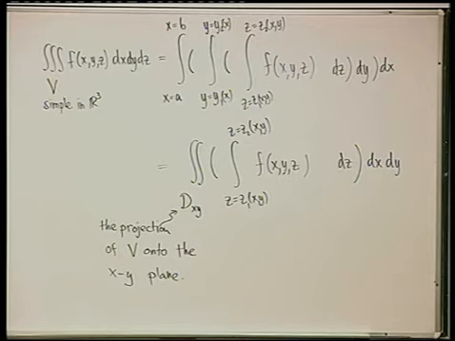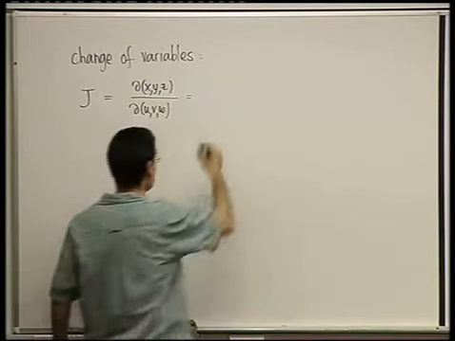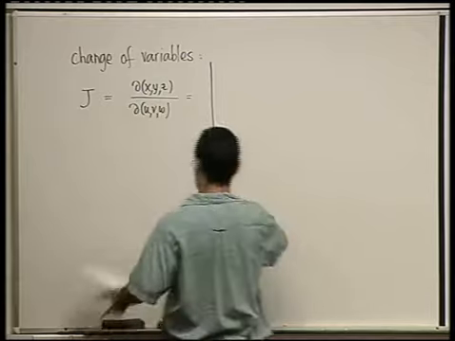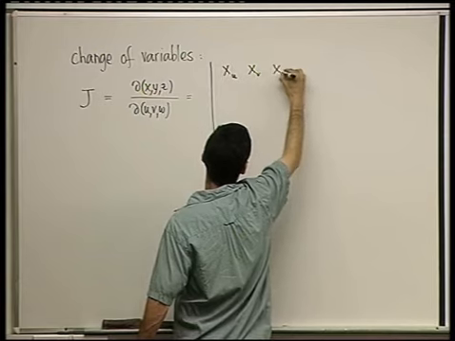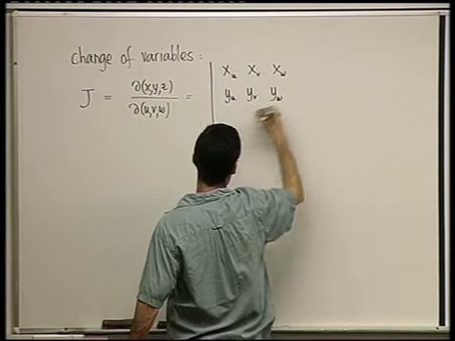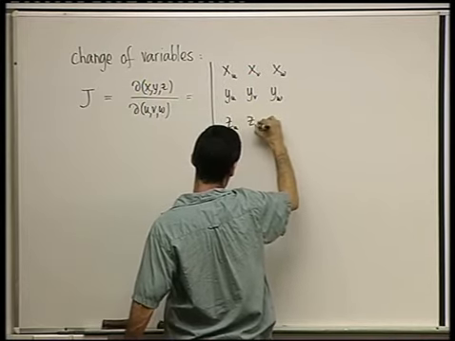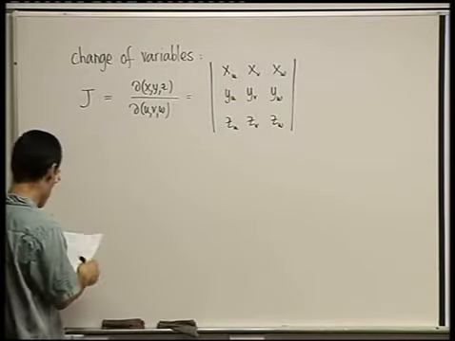J is going to be, let's call the variables u, v, and w, d(x,y,z) over d(u,v,w). These are the new variables. And by definition, it's a determinant, a 3x3 determinant this time, where what you have is the partial derivatives: xu, xv, xw, yu, yv, yw, zu, zv, zw. So this is the Jacobian.